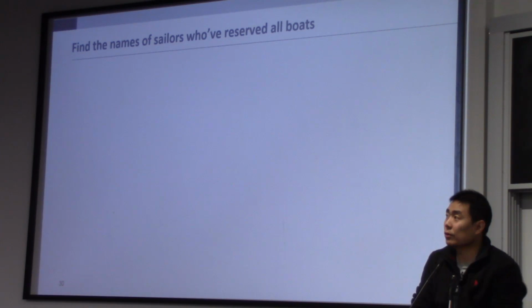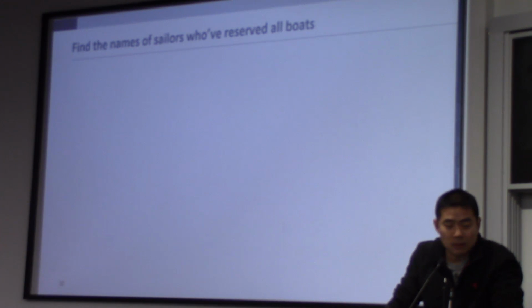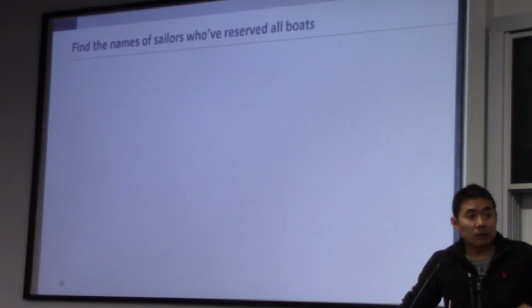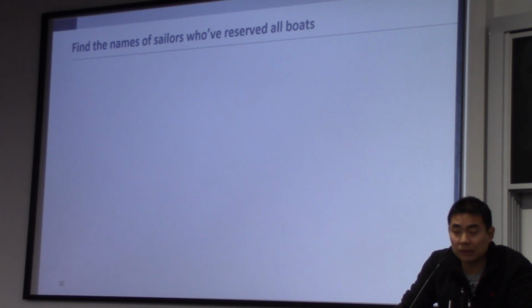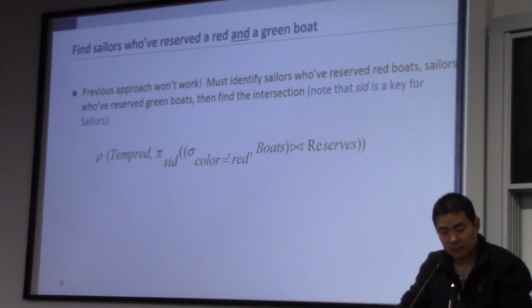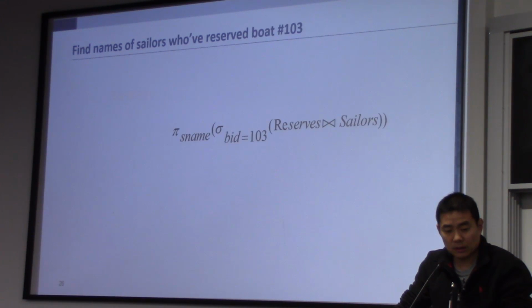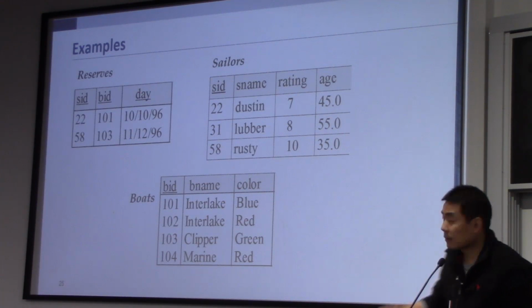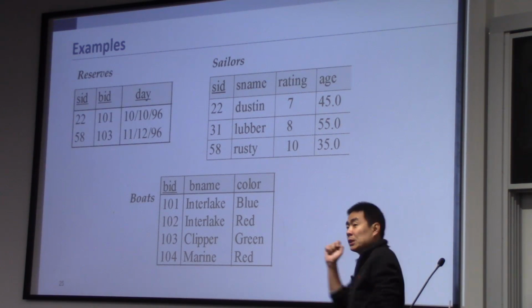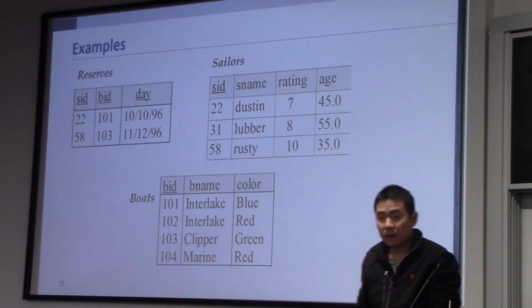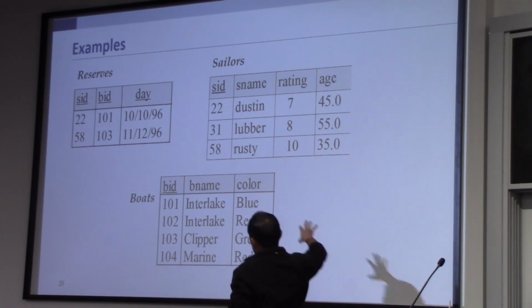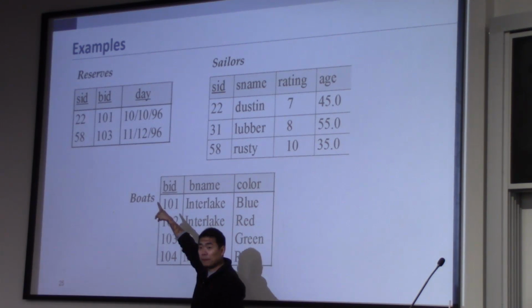Now moving on to the division example. Find the names of sailors who have reserved all boats. So let's come back to the schema and instance here. How do I find sailors who reserved all boats? Obviously, I will need to use the reserve table.